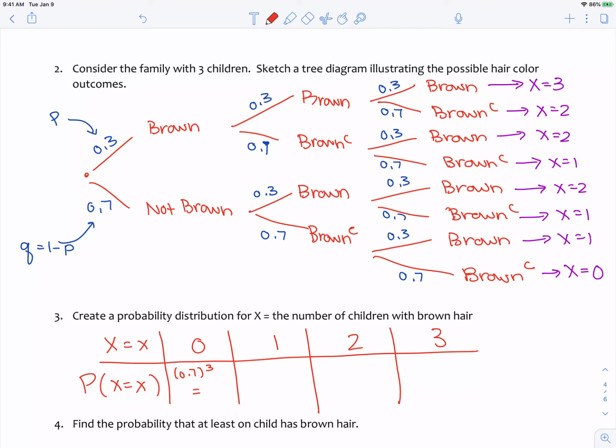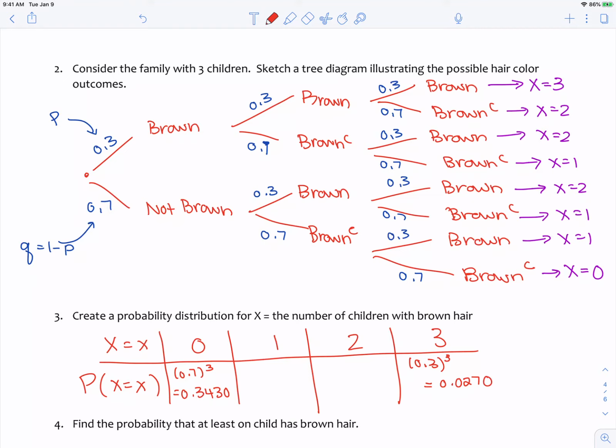So 0.7 times 0.7 times 0.7, and that's 0.3430. And all of the kids having brown hair, that's the other extreme, right? So 0.3, the success probability for each and every one of those segments, to the third power, and that's going to be 0.0270.